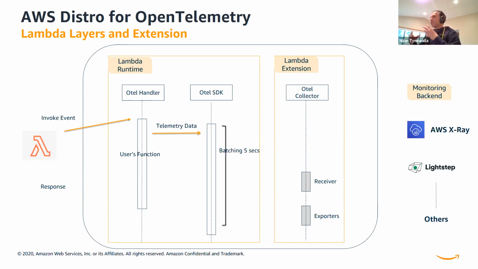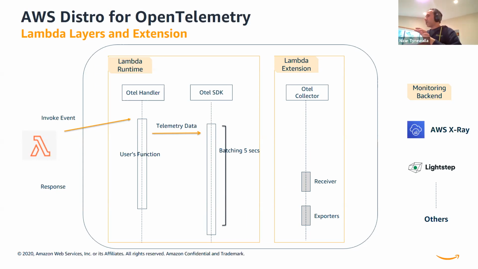And the SDK then batches the data for 5 seconds. So within an invoke, you can be processing multiple executions, right? Let's say there is a for loop, or you're calling S3, and then you're calling an API, you're validating authentication, and then you're calling DynamoDB and so on. So all that instrumentation data is collected and batched for 5 seconds.